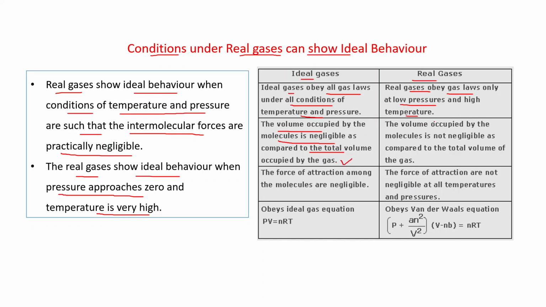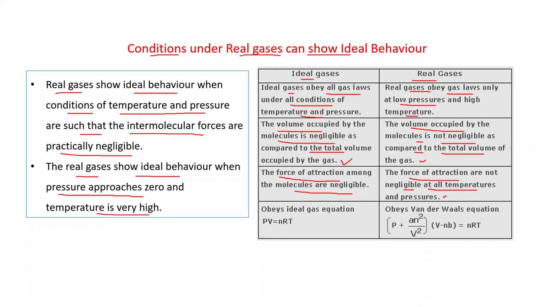But in the case of real gases, the volume occupied by the molecules is not negligible as compared to the total volume of the gas. In the case of ideal gas, the forces of attraction among the molecules are negligible, while in the case of real gases, the forces of attraction are not negligible at all temperatures and pressures.